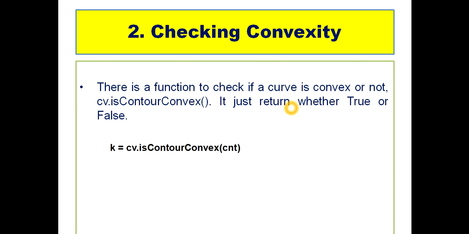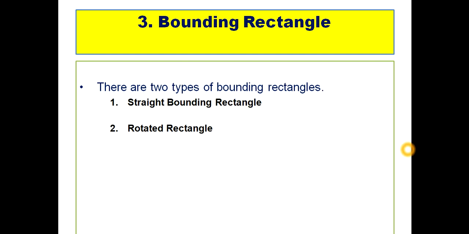It will return true if it is convex, and it will return false if it is not. You pass the contour as the argument here. Clear? Then we can have some bounding rectangles, and there are two types of bounding rectangles.